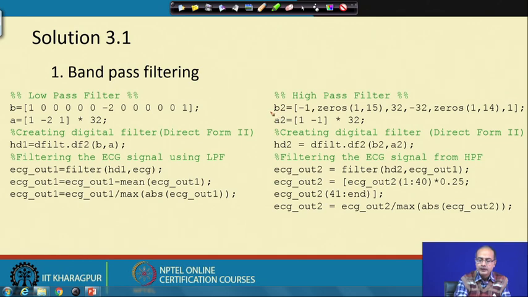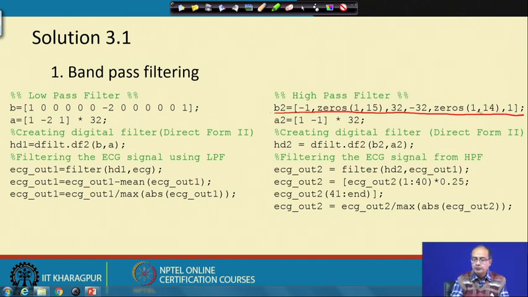We have the polynomial coefficient b, which consists of a bigger length: -1 followed by 15 zeros, then 32, minus 32, then 14 zeros and 1.